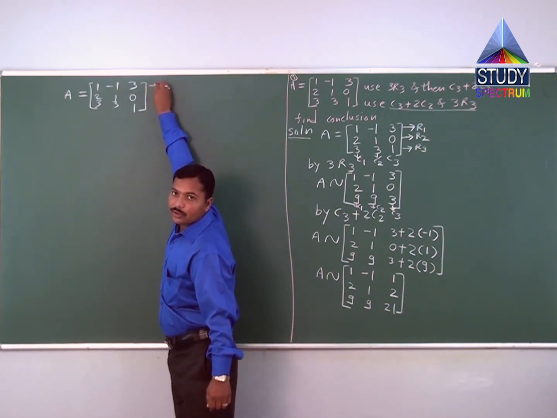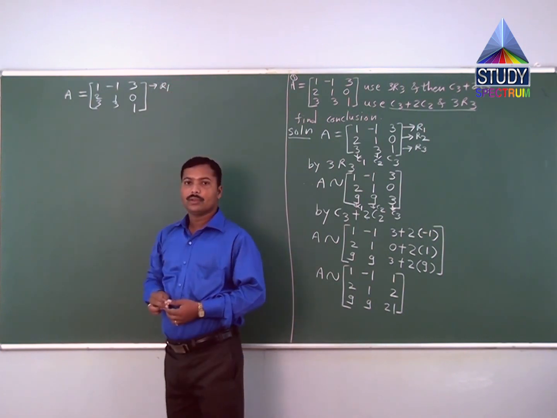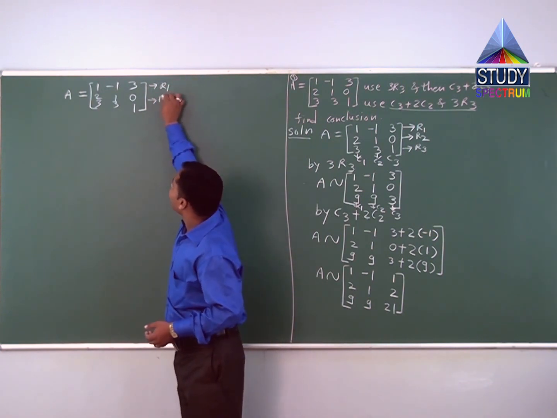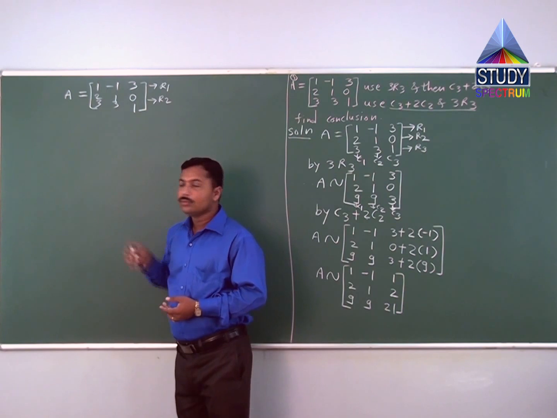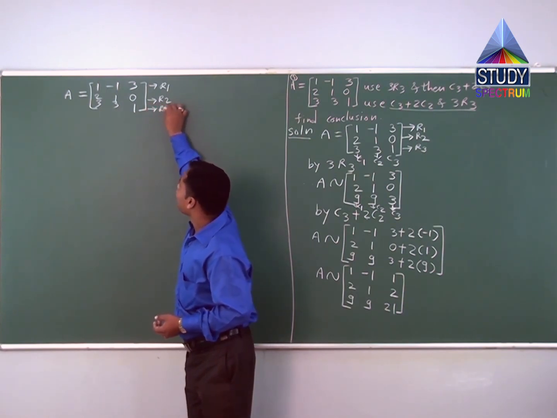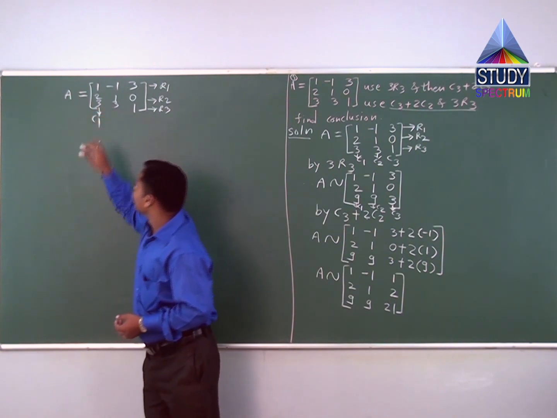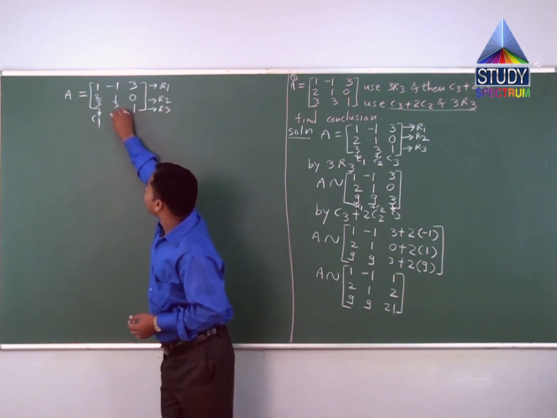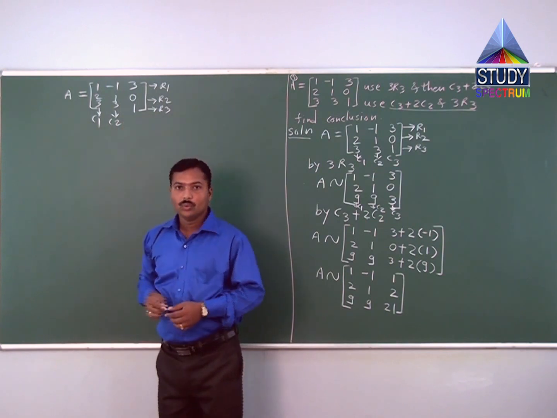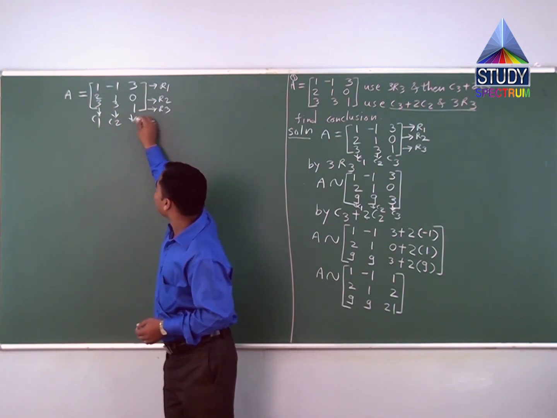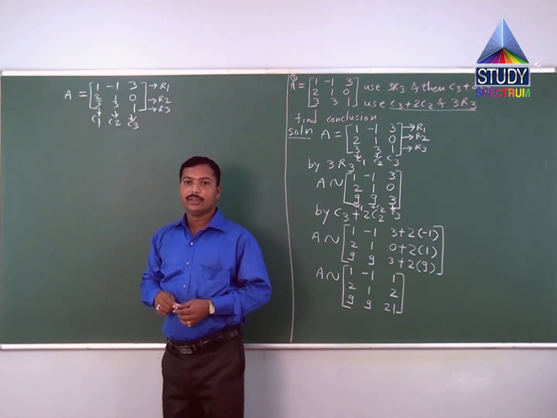This is the first row R1, this is the second row R2, this is the third row R3. This is the first column C1, this is the second column C2, and this is the third column C3.